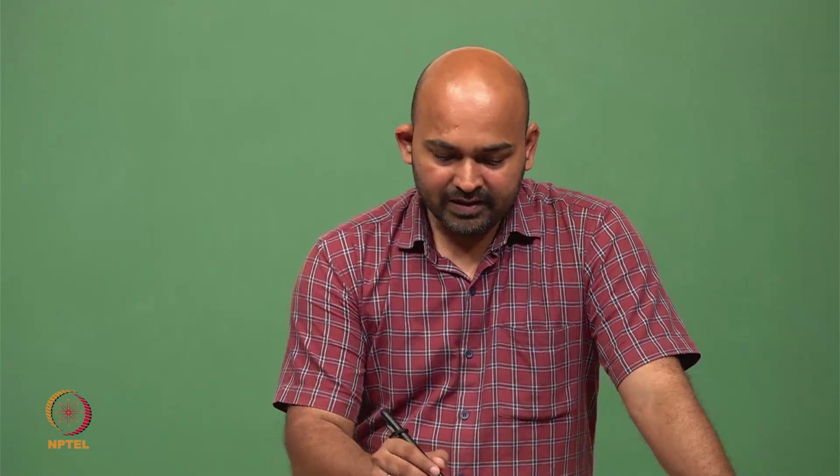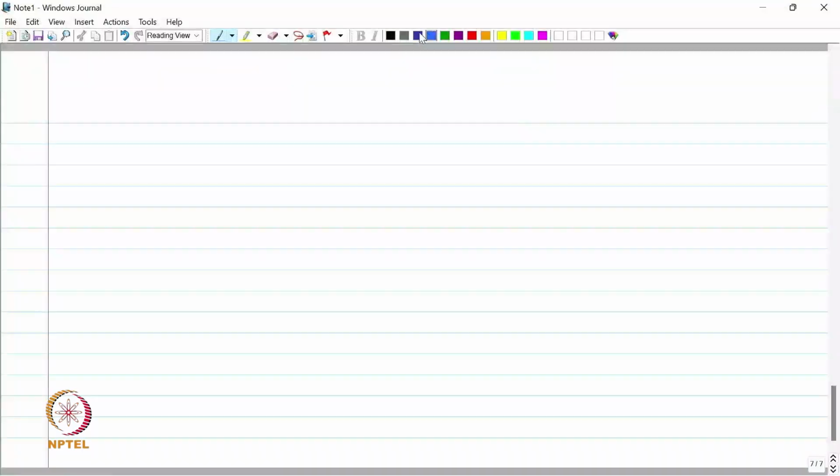So now we can write our KVL and KCL for this network. This is the input which is applied.